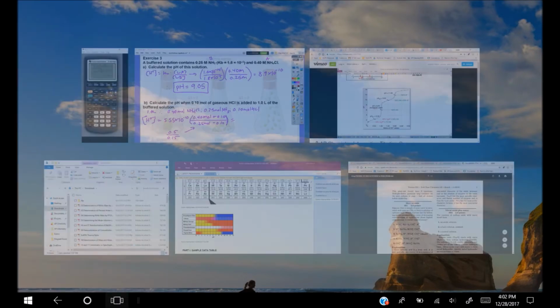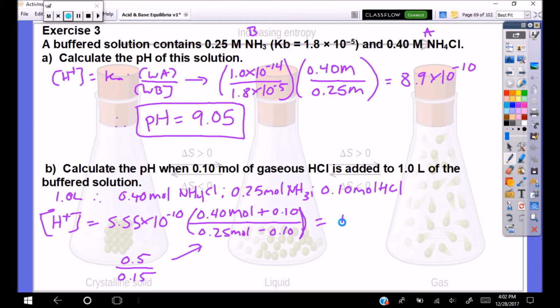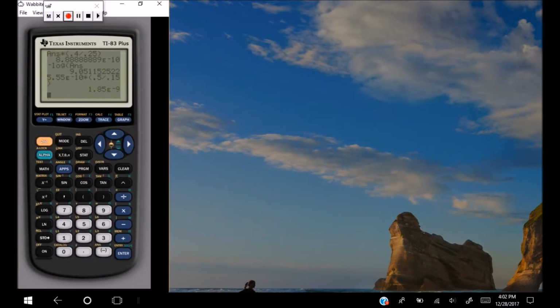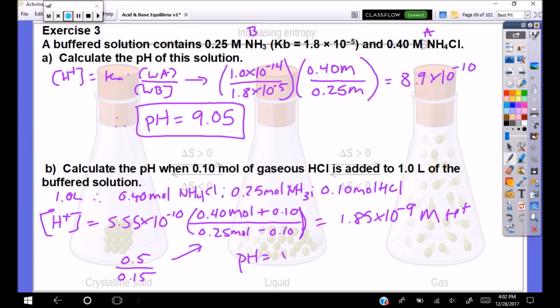So I get 1.85 times 10 to the negative 9th molar H plus. pH is going to be equal to the negative log of that. And let's see how much it resisted. 8.73. Okay, so that's a considerable drop. But still, it went from basically 9.0 or 9.1 to 8.7. That's still pretty substantial. That resisted a fair amount. Okay.